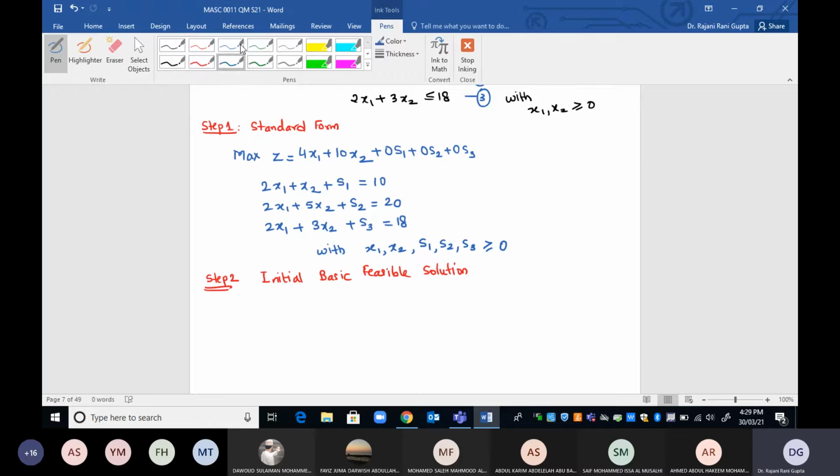Basic variables are the variables which are present in the solution from the beginning. Because if we go for the definition, what does a basic variable mean? A variable which has coefficient 1 in one equation and 0 in the other equations. So we can see S1, S2 and S3 are these variables, because x1 and x2 appear in all other equations.